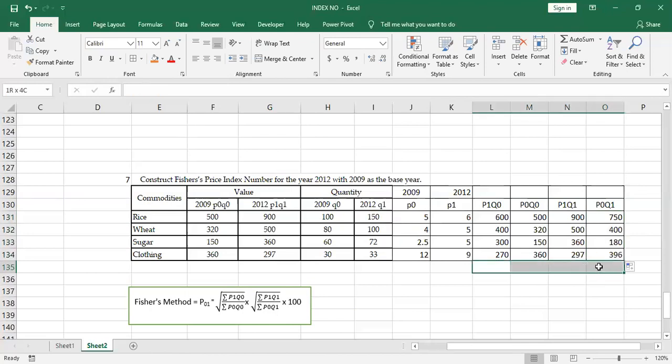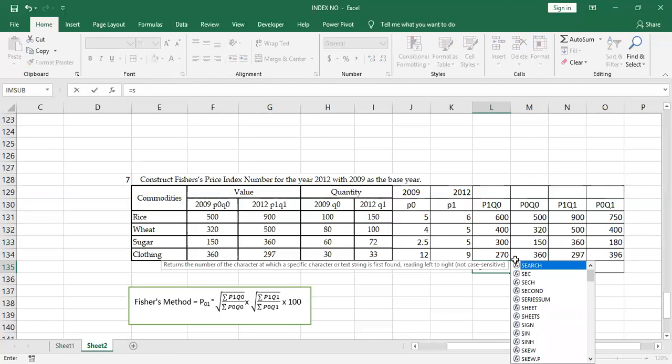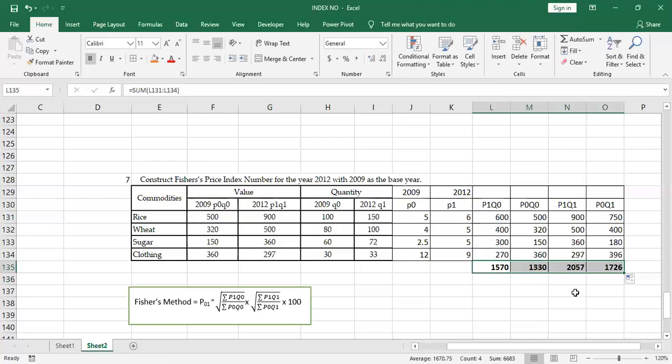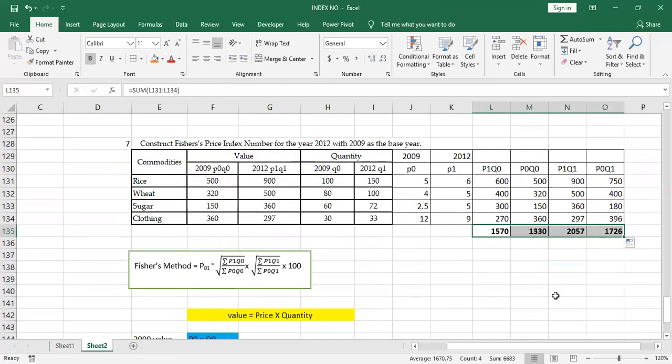Apply the same format. Just add, so is equal to the sum. I'll be adding these, all of them. I'll be applying the formula.